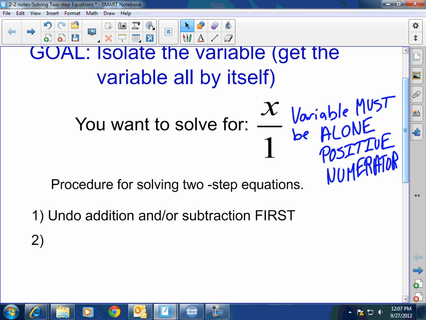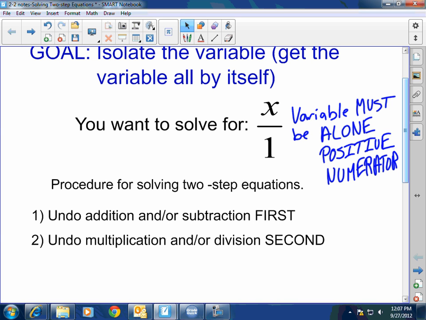After we have gotten rid of addition and subtraction, we're going to go ahead and undo multiplication and or division second. And literally, those are the notes. That's it. That's all there is to this. Those are the notes. We're going to do a bunch of examples now, of course, but those are the notes.